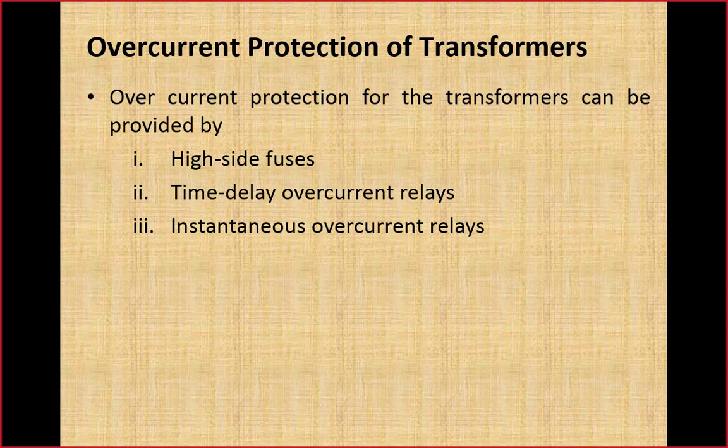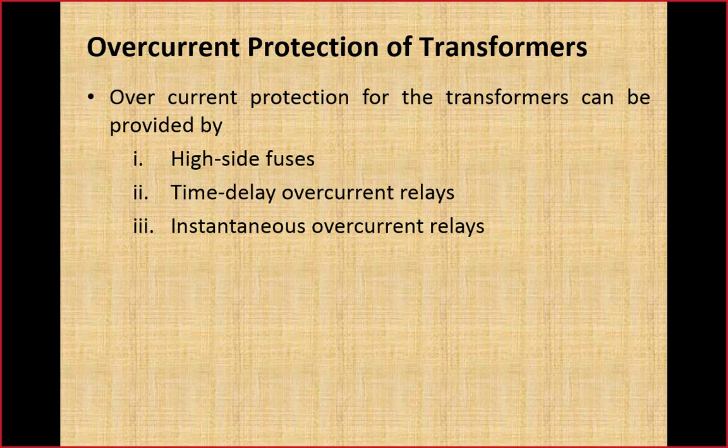Then instantaneous overcurrent relay. For power transformers of higher rating than the distribution transformer, if fuse protection is not possible, then the alternative is an instantaneous overcurrent relay. That would also provide very quick protection against short circuit fault condition, because a time delay overcurrent relay would take some time to trip, but an instantaneous overcurrent relay will immediately detect the fault and clear it to avoid damage to the transformer.